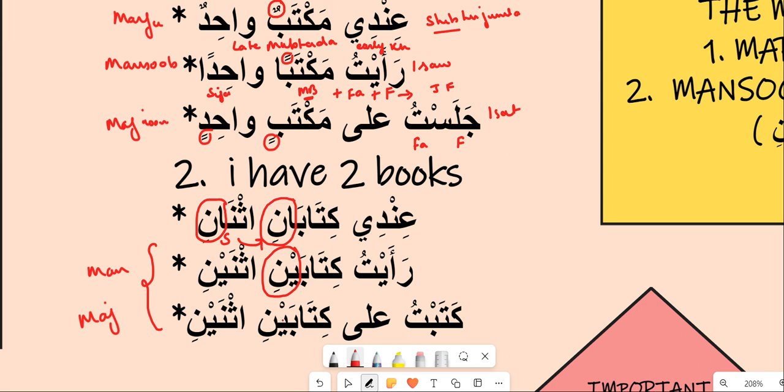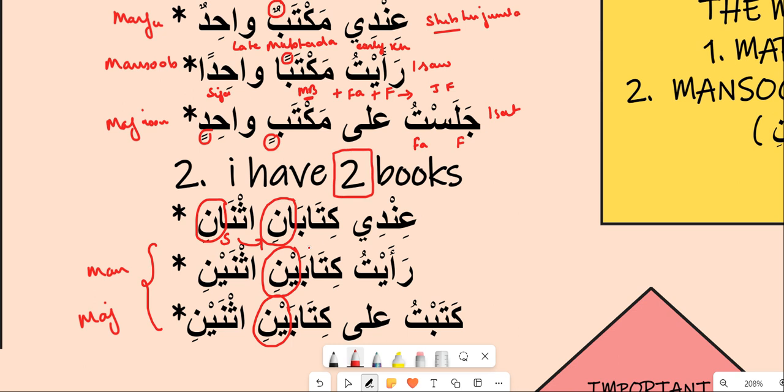And in the majroor case also, you will see it represented by ya with sukoon, and noon continues to be as it is with the ya. The only change is from alif to ya. So this is the major point to understand with the number 2 when it represents the dual.